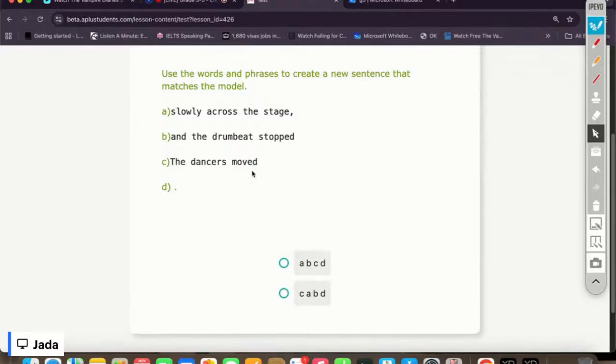All right, so we have: The dancers moved slowly across the stage and the drumbeat stopped.